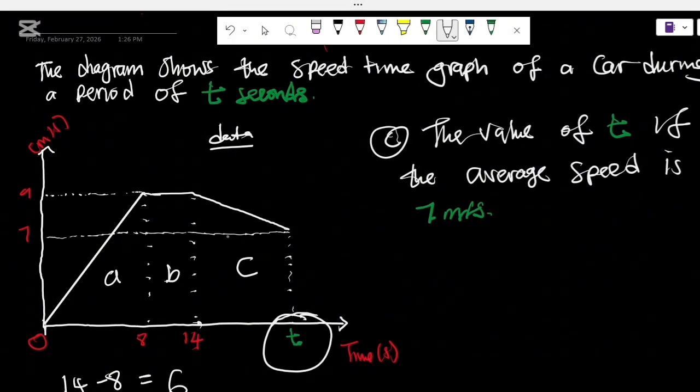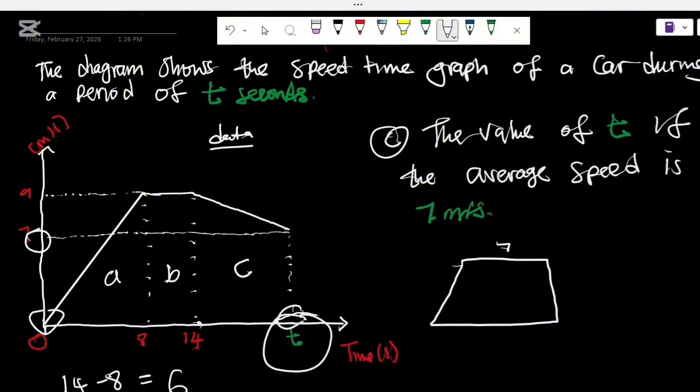So this shape here is a trapezium. Now, if you flip it, it is going to look like this. So this is how it is going to look like. And here you are going to have 7, because notice that from here to here, which corresponds with this particular shape, we have 7.